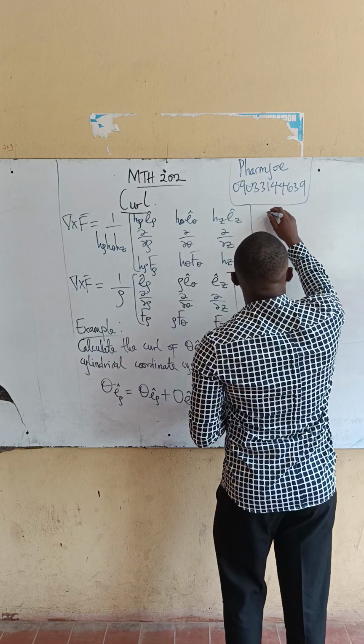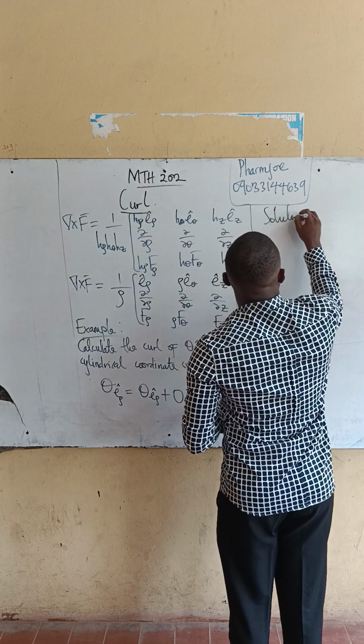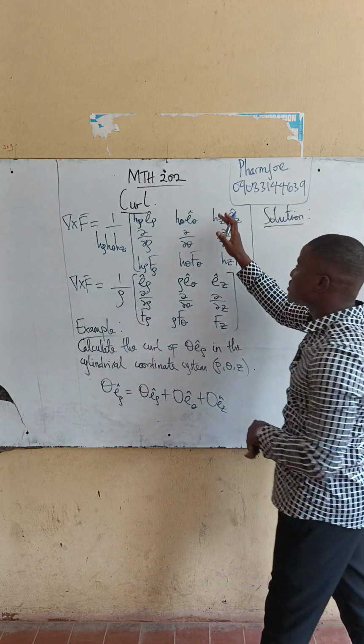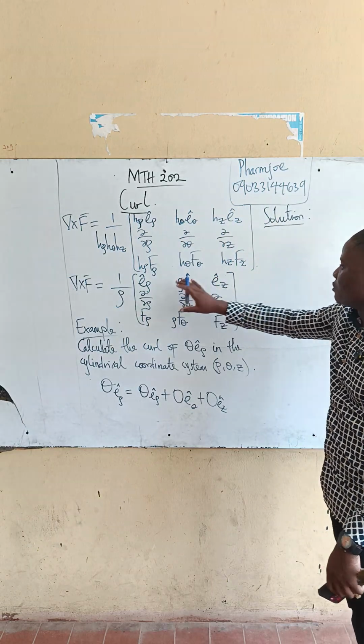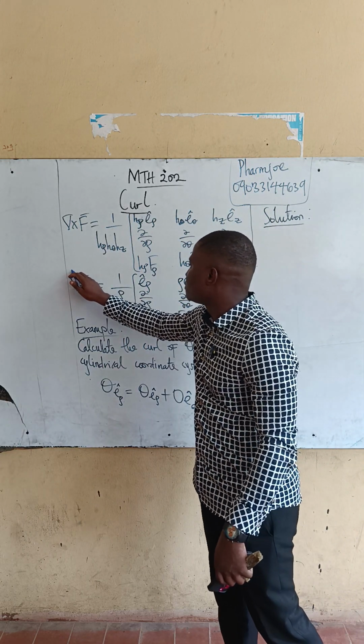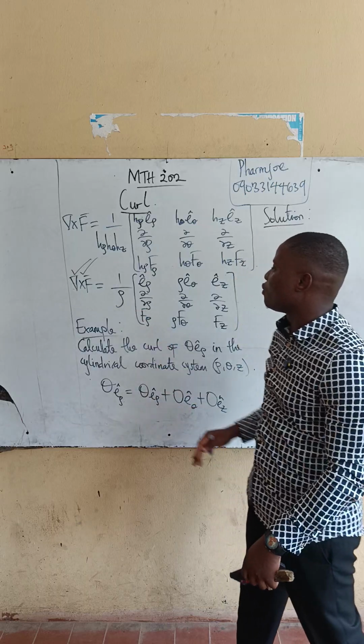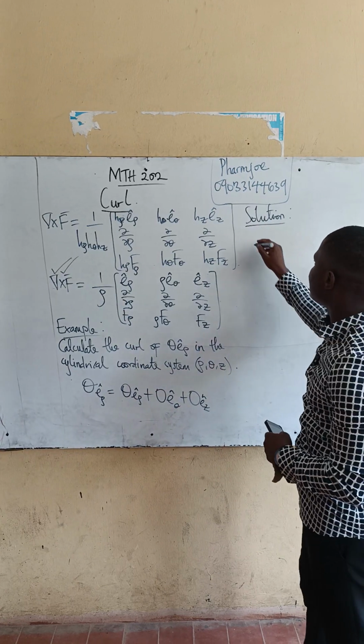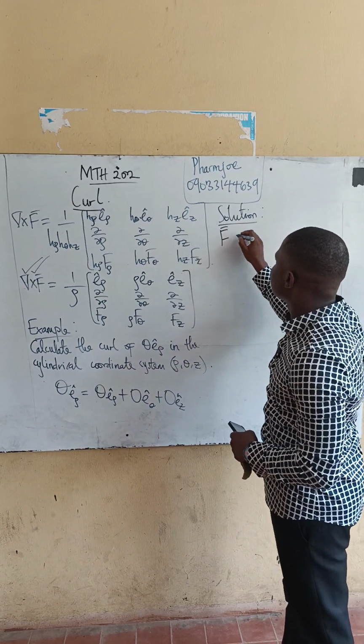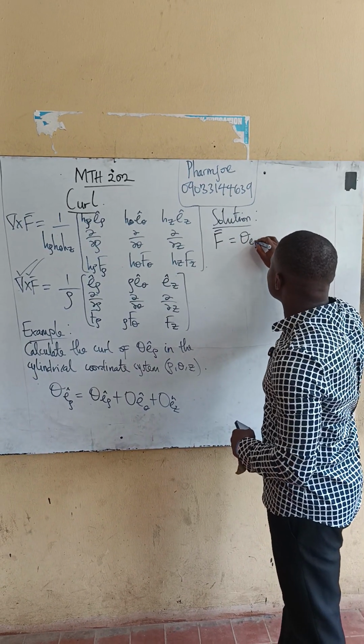So now let's solve. Solution to the question using the formula. All you just need is this formula, the one here. Let me mark it. This is what I want to use, the formula for curl. So according to the question now, our F is what? Theta e rho.